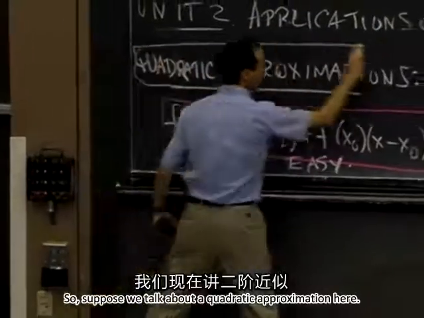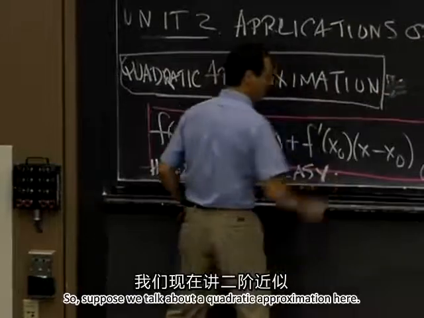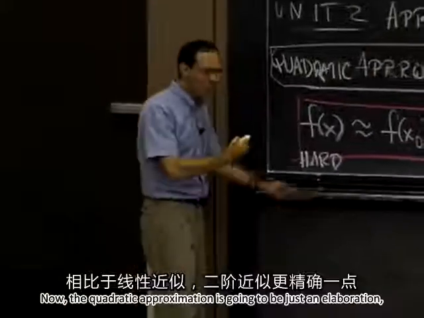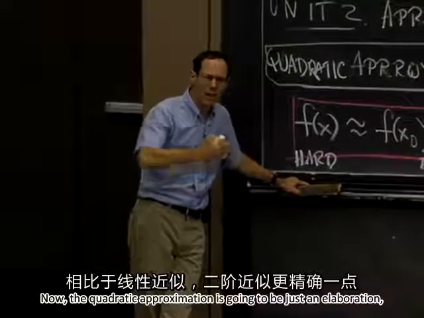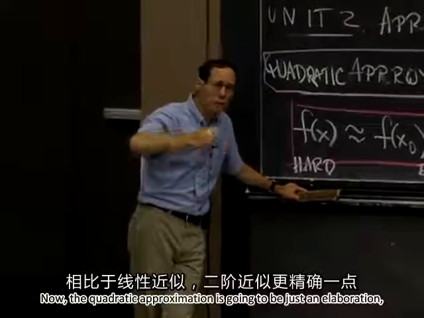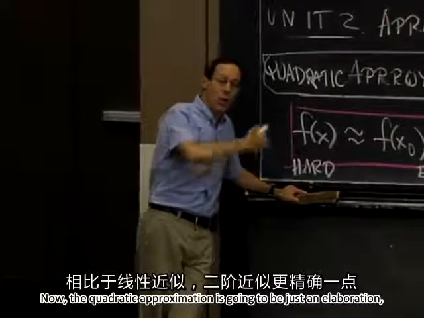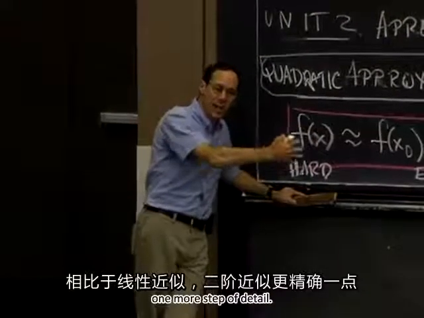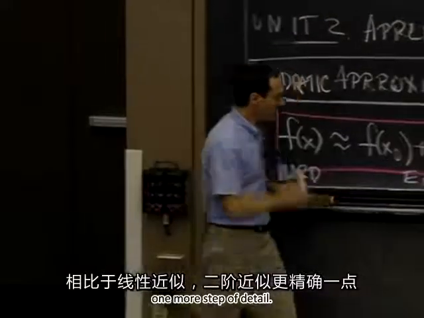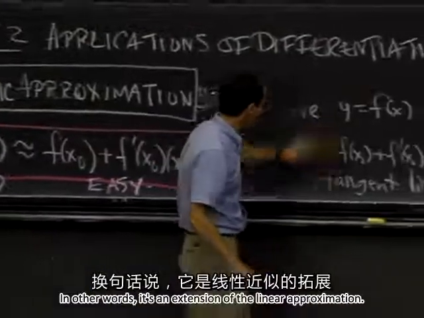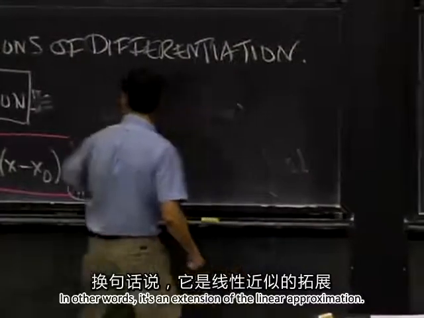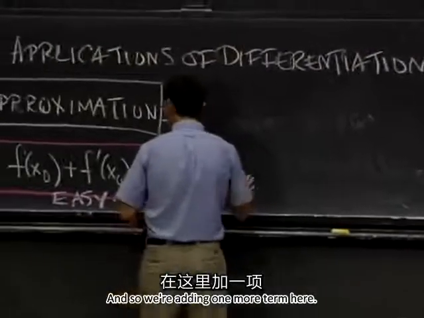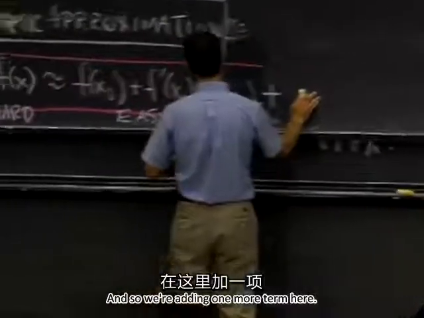Suppose we talk about a quadratic approximation here. The quadratic approximation is just an elaboration, one more step of detail from the linear. In other words, it's an extension of the linear approximation, and we're adding one more term here.